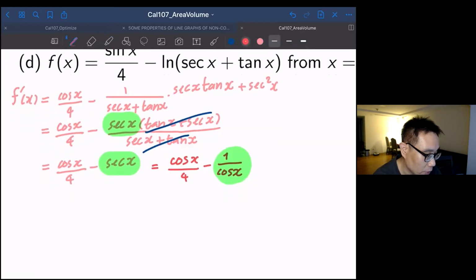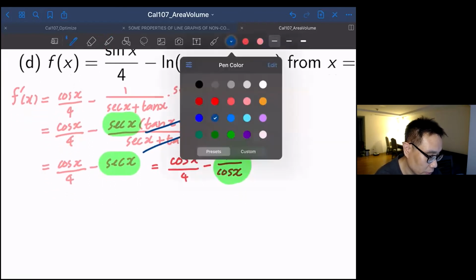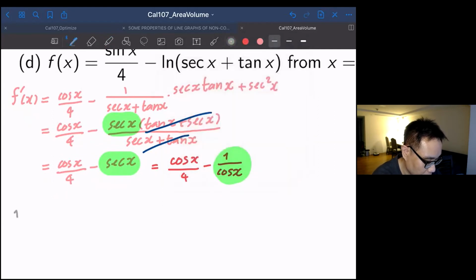So after you have this derivative, you're going to find 1 plus f prime squared.